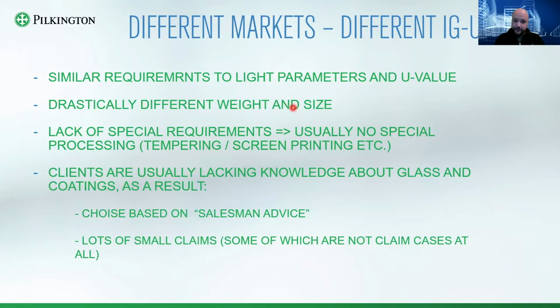That makes them easier and cheaper. But if you're offering an IG unit to the residential market, be prepared: the customer will be much more picky and have many more questions, because usually he is not aware of the glass parameters and capabilities.